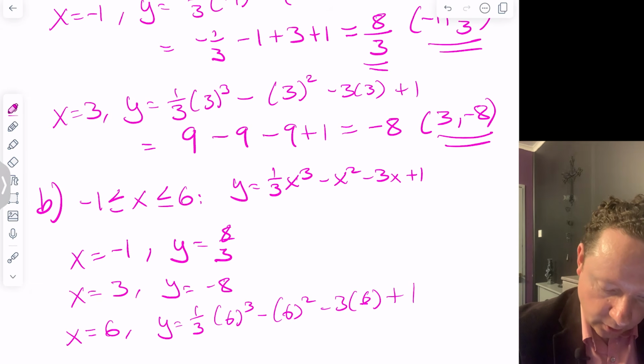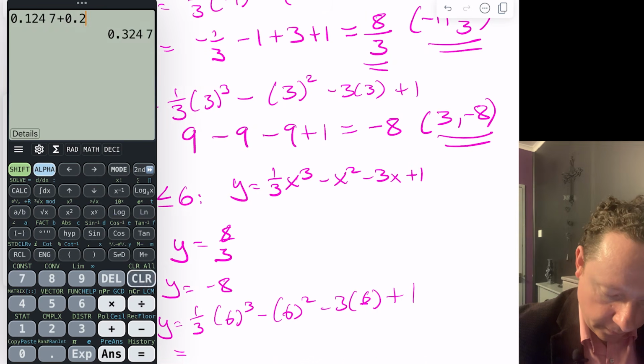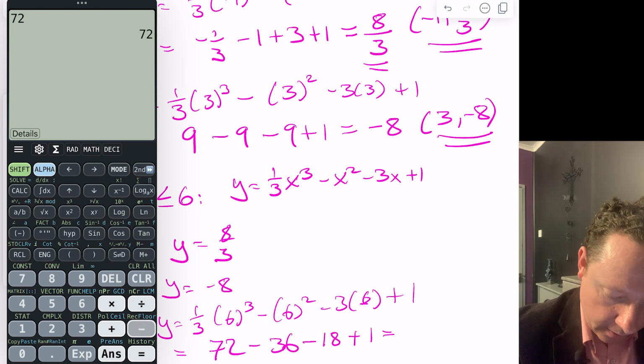Hopefully you can see this is going to be a big number, so let's get a calculator. 6 cubed, divided by 3 is 72, minus 36, minus 18, plus 1. Since I've got a calculator out, I'm going to actually use it. That is 19.